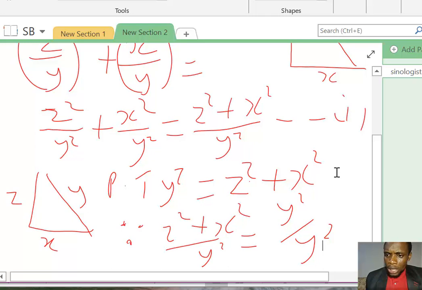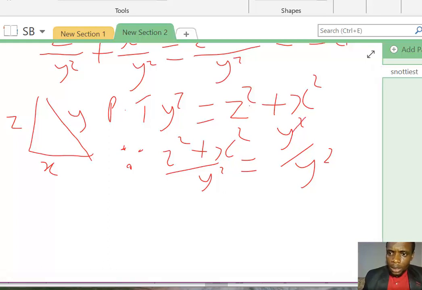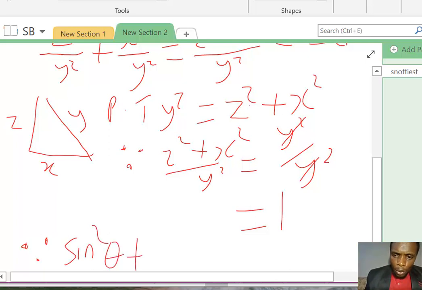And when you cancel, Y square cancels Y square, and this is equal to 1. So therefore, we can agree now that sin square theta plus cos square theta is equal to 1.